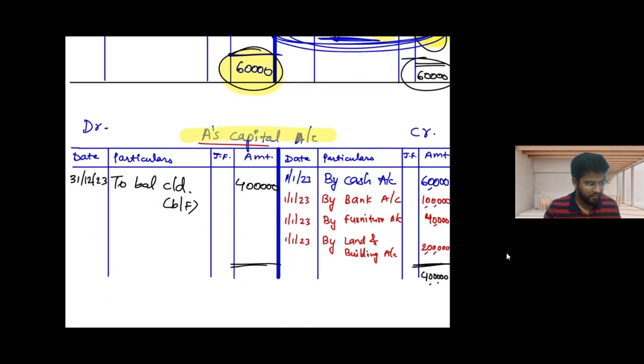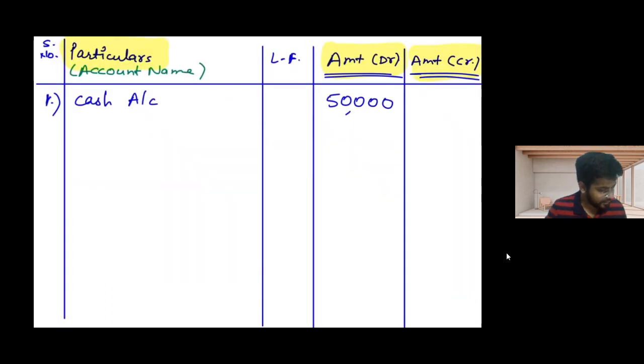Next we have A's capital account. On the credit side there is a total of 4 lakhs, and obviously there would be 4 lakh total on the debit side as well. The balance carried down, 4 lakh, is written on the debit side. So on what side should I mention A's capital account in my trial balance? Everyone, tell me the answer.